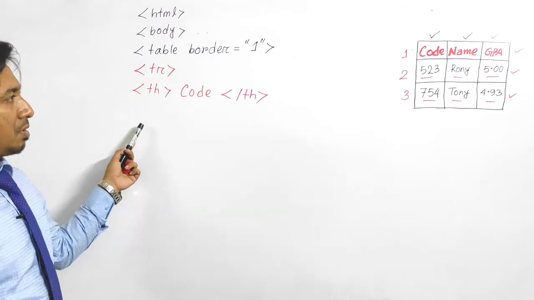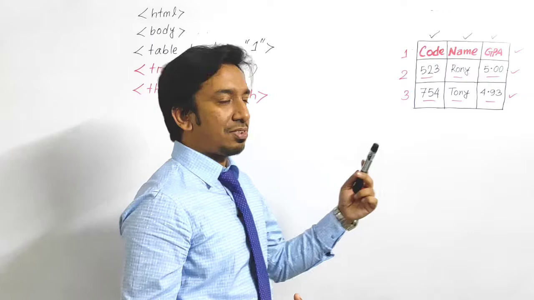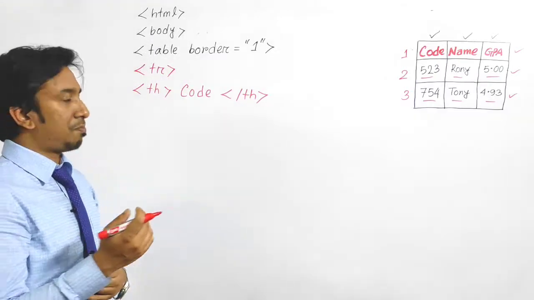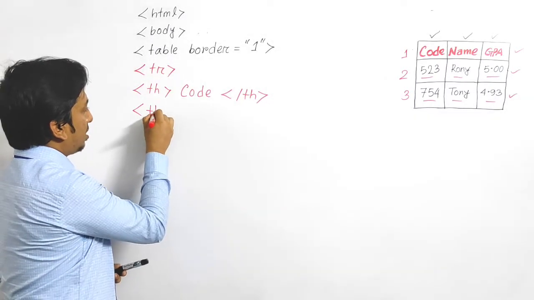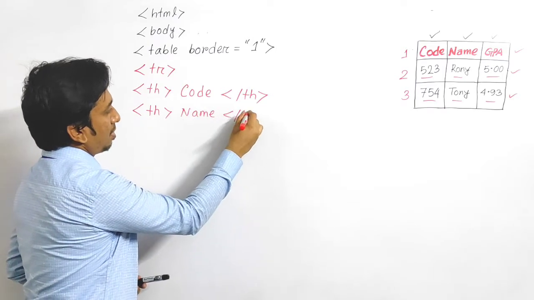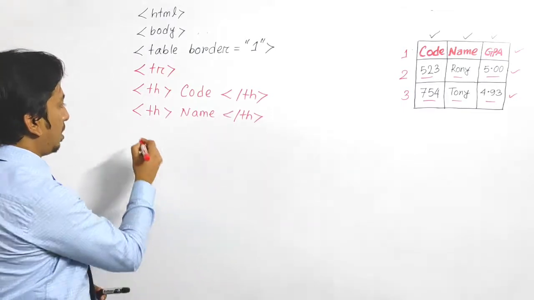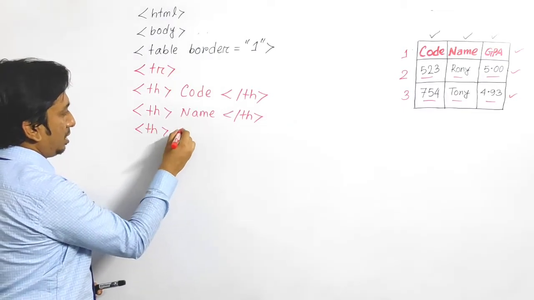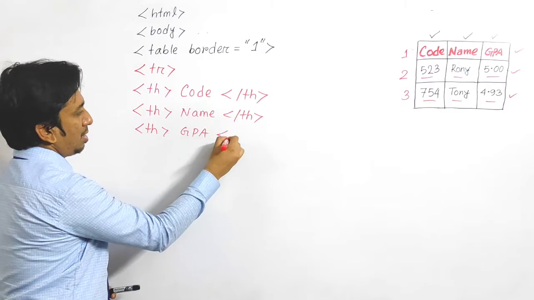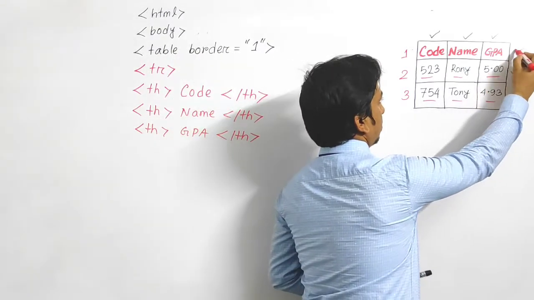And similarly you have to write from left to right. So first one is code, second one name, and third one is GPA. So similarly I can write TH, then name, and then TH close. Okay, second one complete, and our last one is GPA. So write again TH, GPA, and then TH close, and finally our line is completed, first line completed.